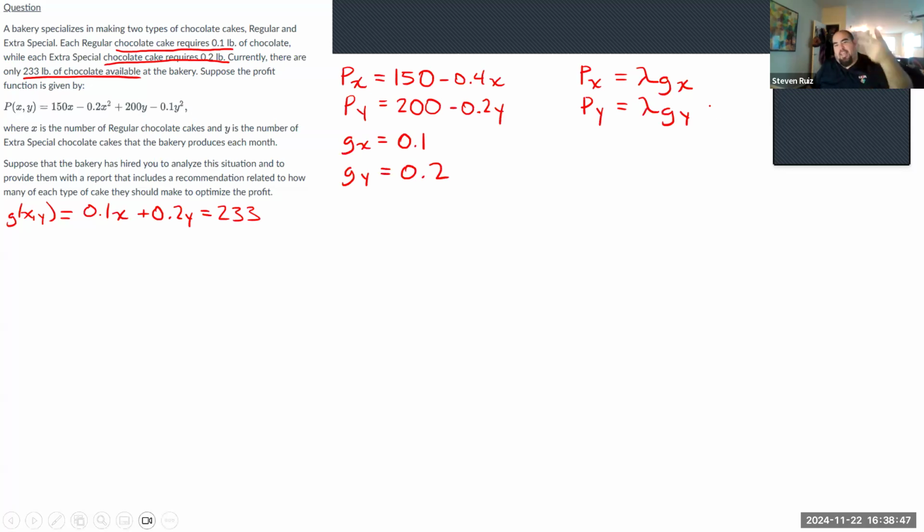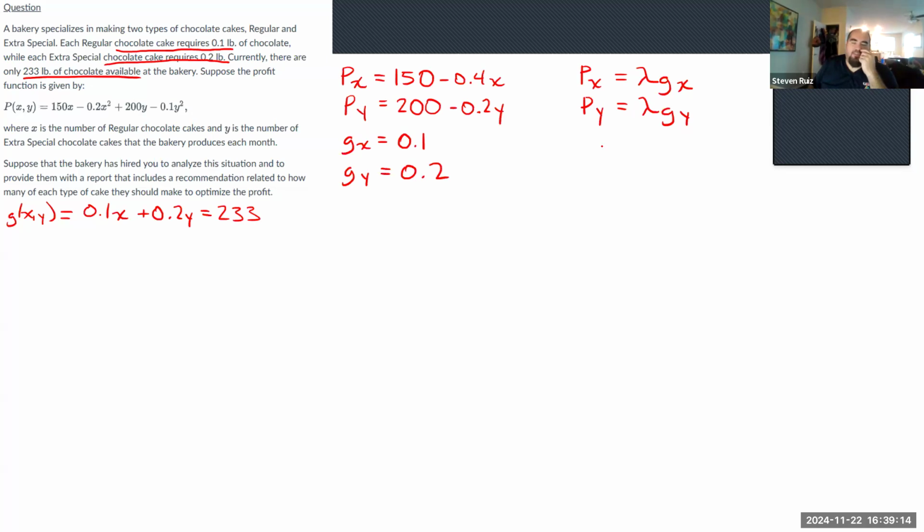That's where this lambda comes in. I don't need them to be equivalent, but I do need them to be parallel. If they're parallel, that means they're scaled by the same number. I don't care what that number is. I just care that it's the same number, and I call it lambda.